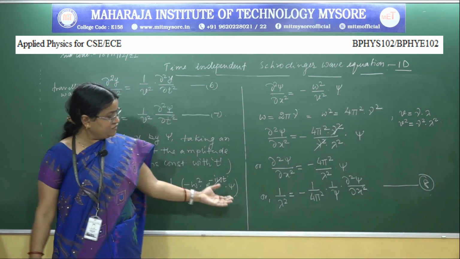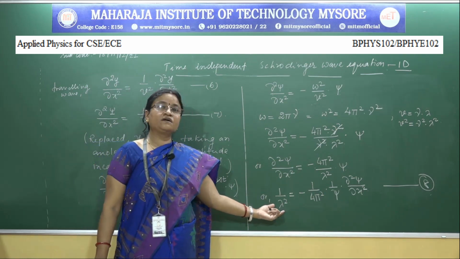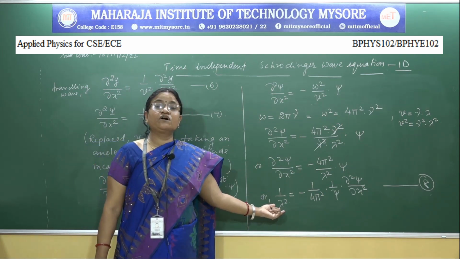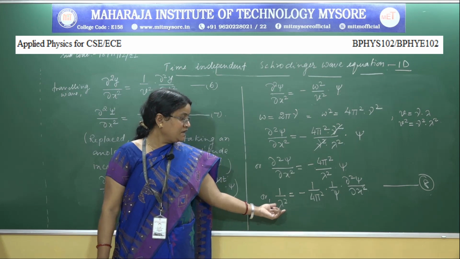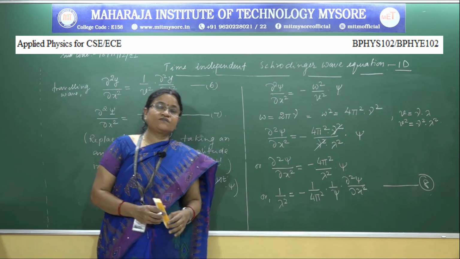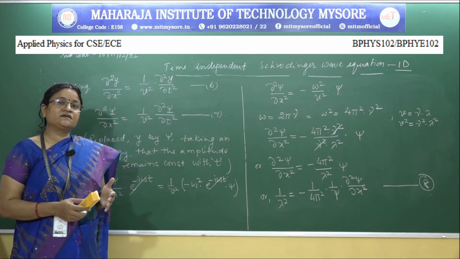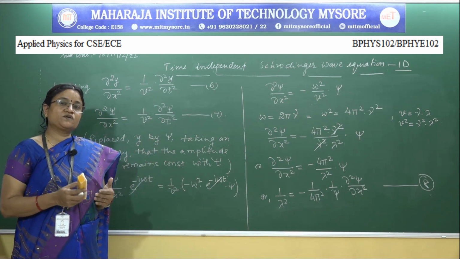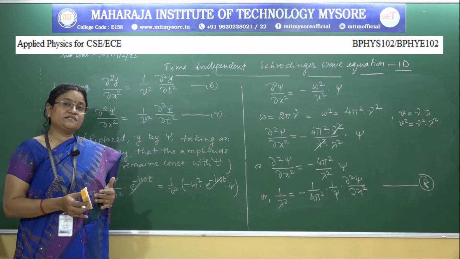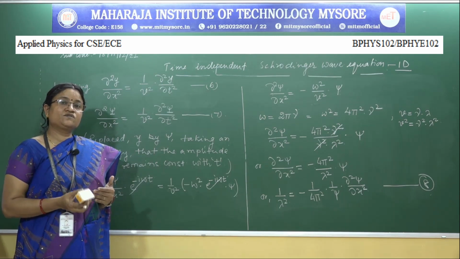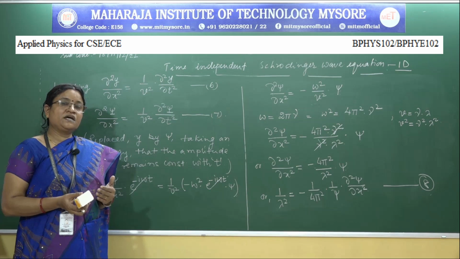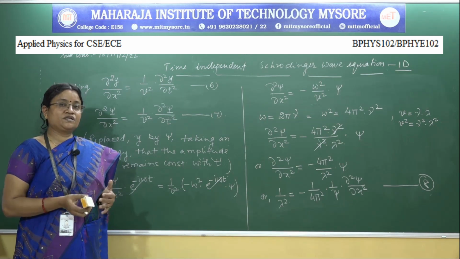So we have come to the equation for the wavelength, the de Broglie wavelength. Now this is the second step what we have completed. First step, we have differentiated the wave function with respect to x and with respect to t twice. We got the function dou square psi by dou x square and dou square psi by dou t square.